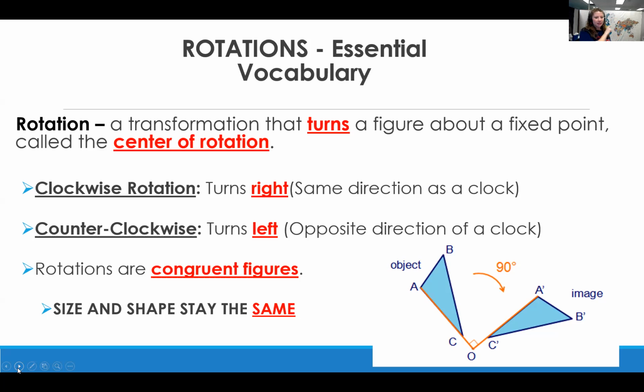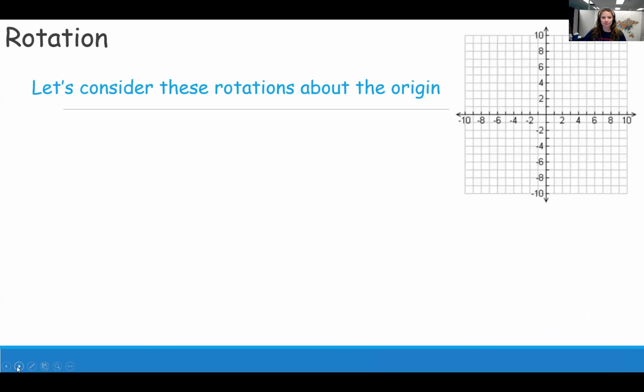So clockwise rotation turns an object to the right. Counterclockwise turns it in the opposite direction, to the left. After you have turned your figure, the image and the original should be congruent. So the size and shape should not change at all.